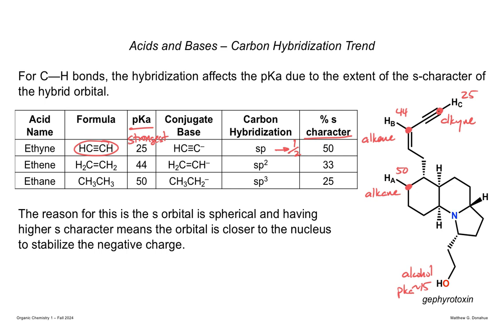But if you were to add a second equivalent of a base, the alkyne hydrogen would be the next one that's deprotonated. So given any molecule, you need to identify all the functional groups, then go to the table and find the pKa values to rank their acidity. And that's going to tell you where the acid-base reaction will take place first, second, third, etc.